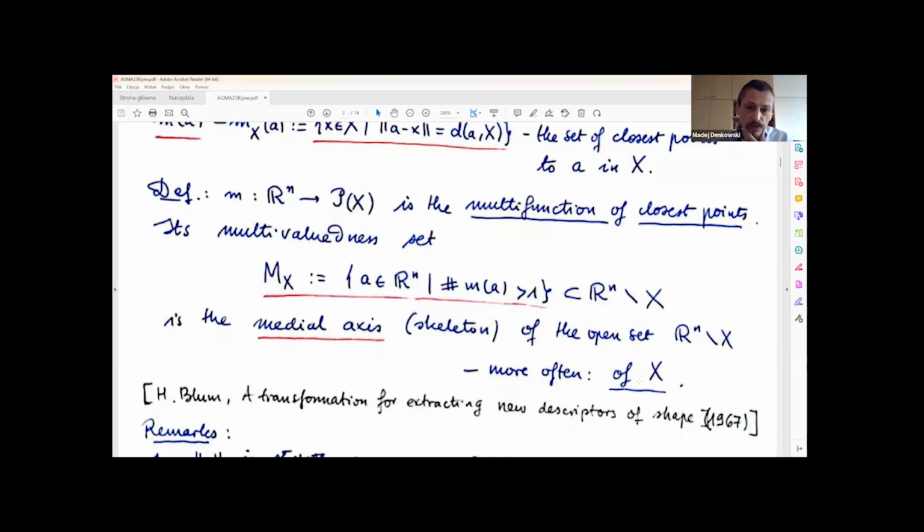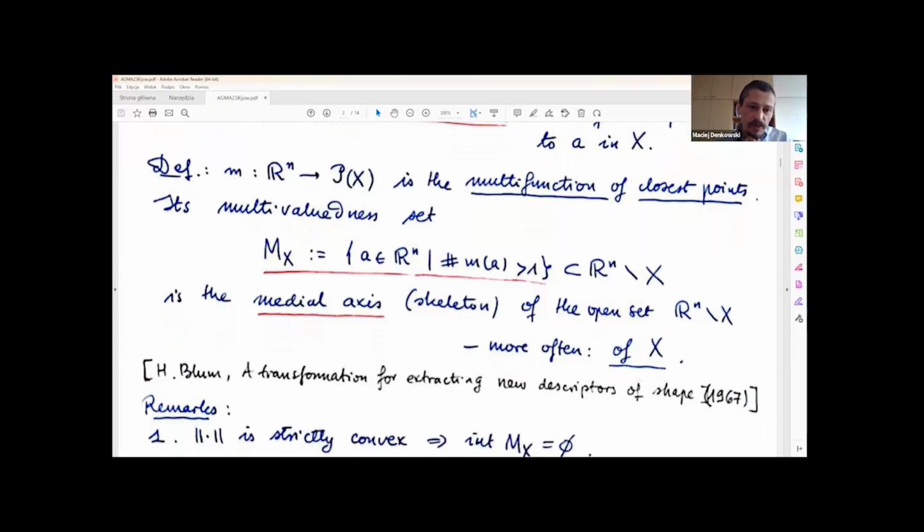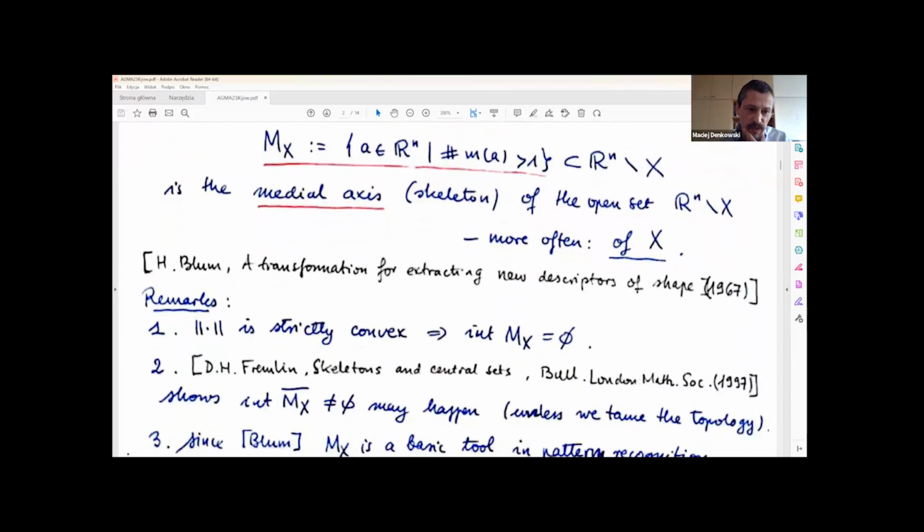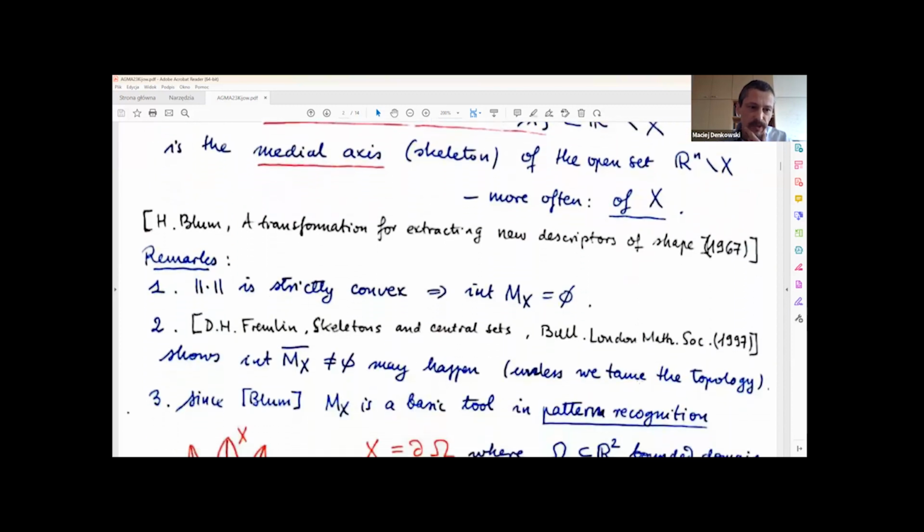This notion was introduced in 1967 by Harry Blum in his paper, which is actually basic for pattern recognition in computer science. You will see why in a moment.